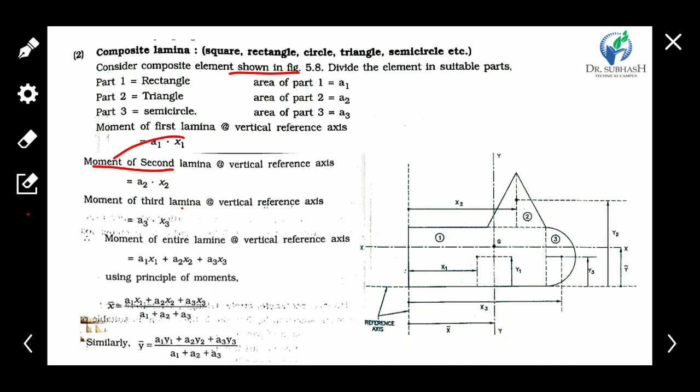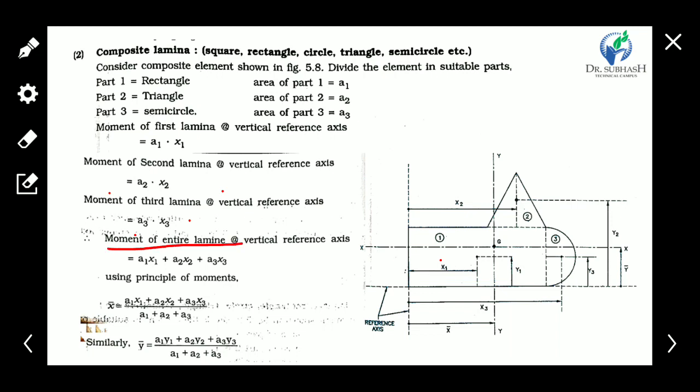So the first moment of the first lamina from the vertical reference axis is a1 into x1, a2 into x2, a3 into x3.